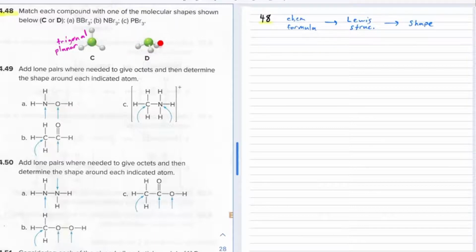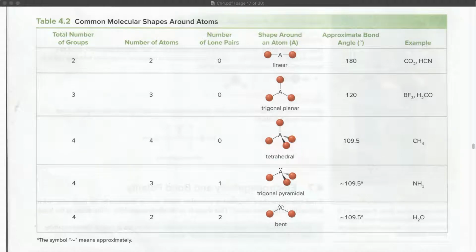And then this one looks like trigonal pyramidal. If you go back to table 4.2, that looks like this one right there. Where you have an atom, and it's also connected to three other atoms, but not in a perfect triangular fashion.